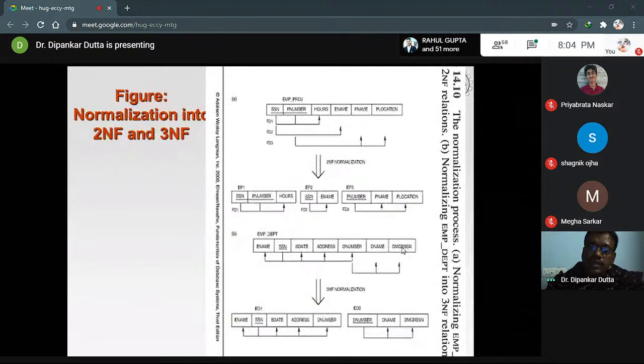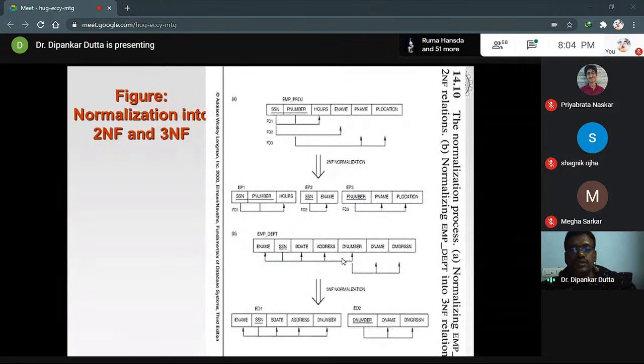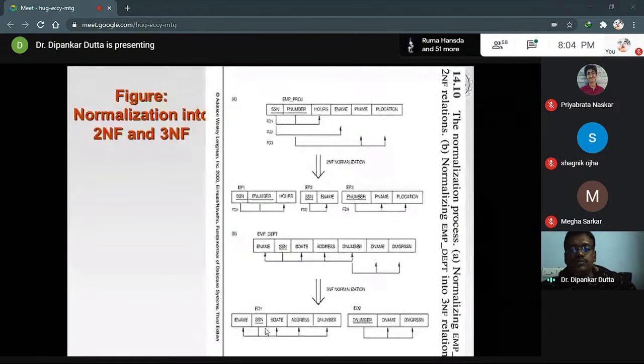Okay, so if in a table there is any transitive dependency, then that table is not in 3NF. So what you have to do, if there is any transitive dependency, is divide it into 2 tables. See here, we are dividing into 2 tables.